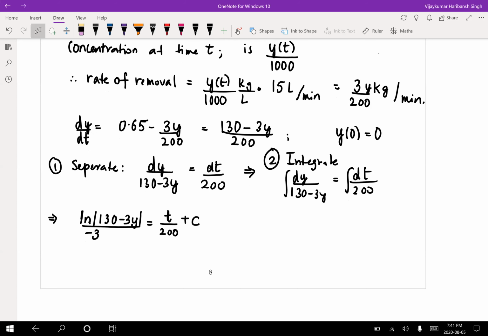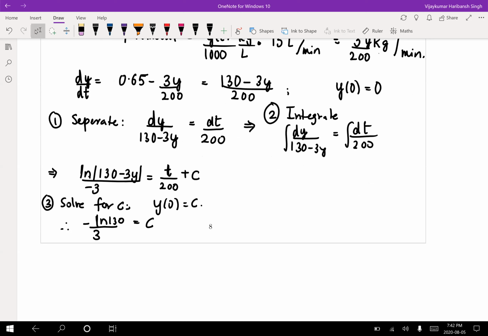So we got this. Now we can solve for c. Third, solve for c. How do we solve for c? We take y of 0 is 0. When you put y of 0, you get minus 1 by 3 ln of 130 equals c.